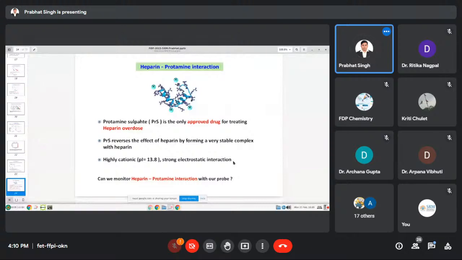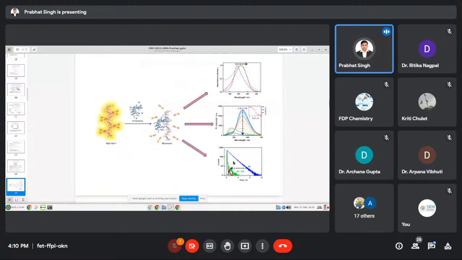So we thought, can we monitor heparin protamine interaction with our probe? I think the idea is here. You have this heparin and dye aggregate system which is emitting. You put protamine into it, and you expect protamine to bind to heparin because protamine is a very highly cationic peptide.